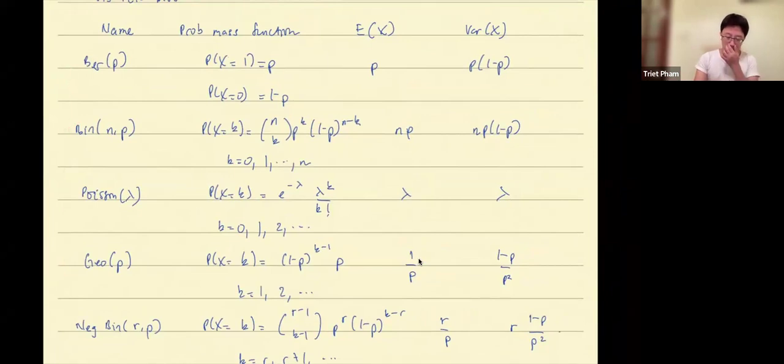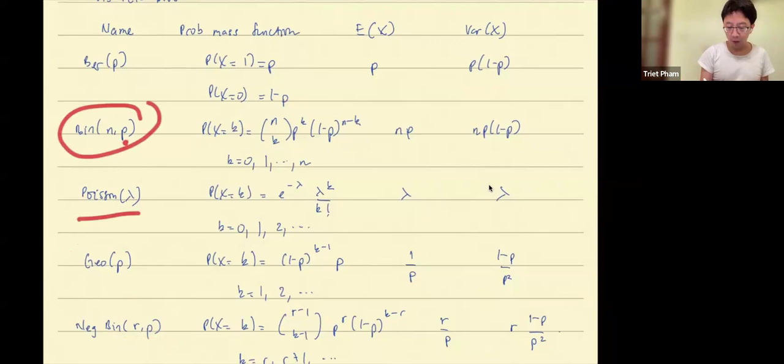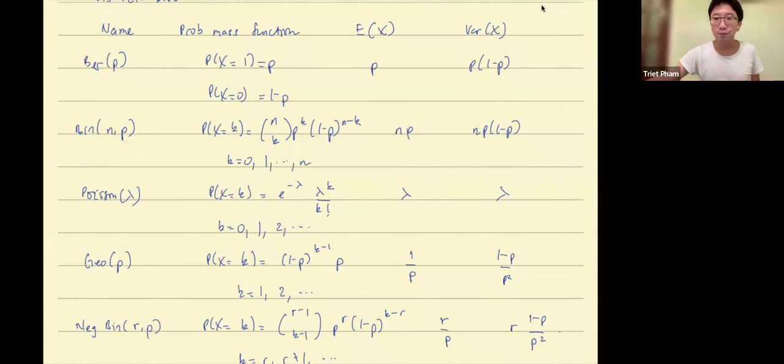So for example, binomial is the sum of n independent Bernoullis. Negative binomial is a sum of r independent geometrics. And Poisson is an approximation of binomial when p is small and n is large, n times p equal to lambda.